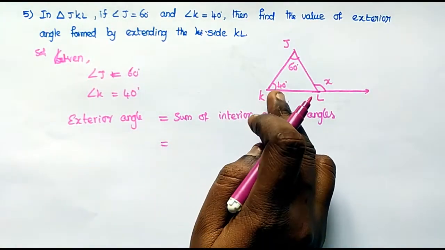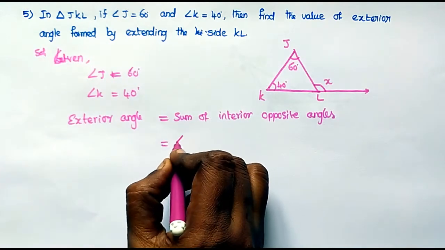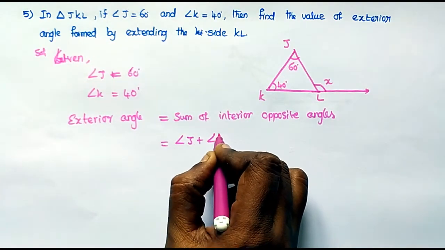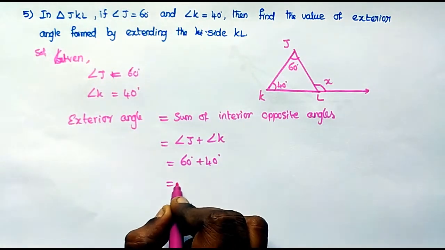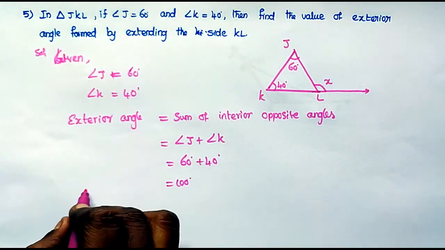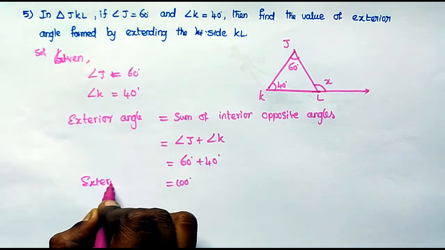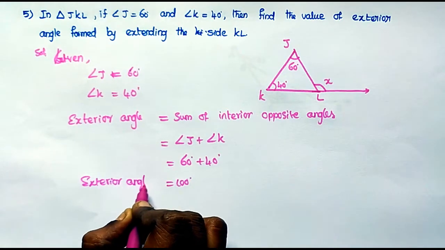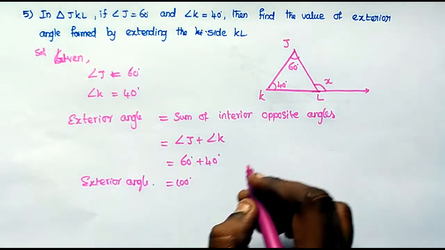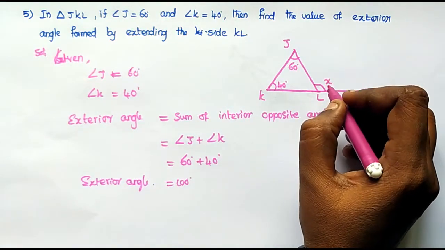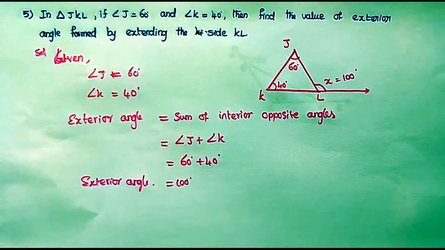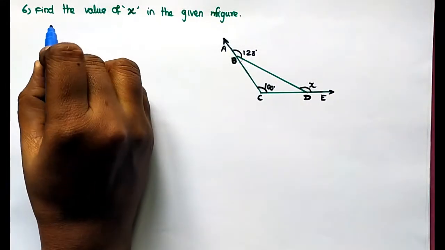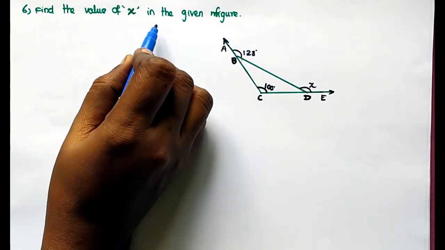What are the opposite interior angles? That is angle J plus angle K. That is 60 degrees plus 40 degrees equals 100 degrees. That is the exterior angle. So it is how much? 100 degrees.